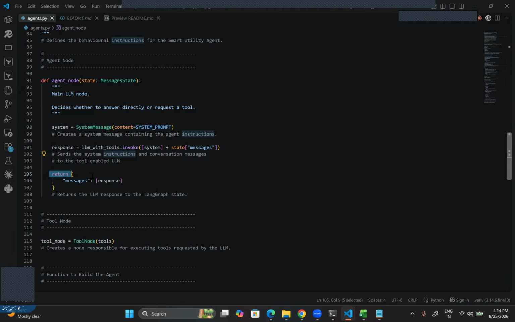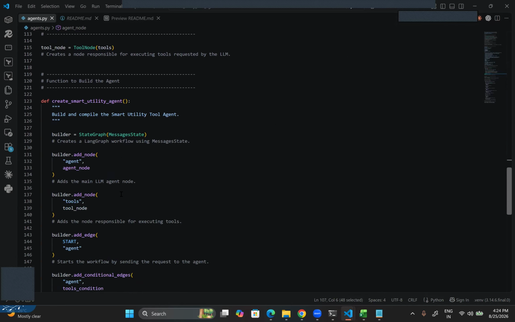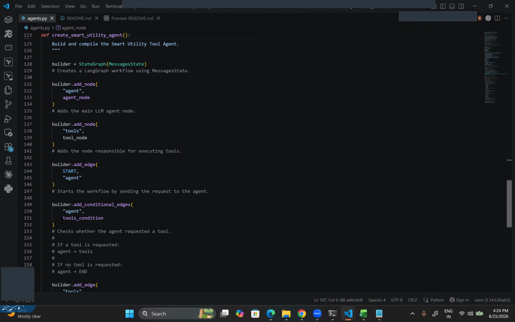Line three hands that reply back to the graph. It doesn't check whether the reply is a normal answer or a tool call. That check happens right after, in tools_condition.